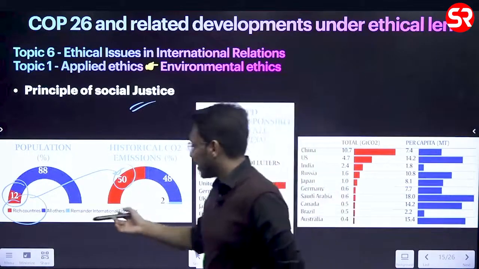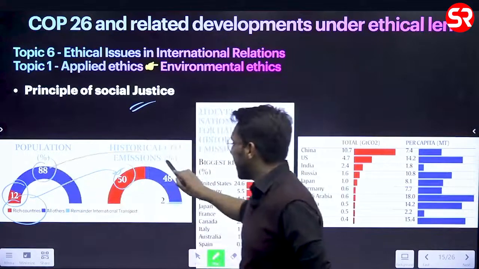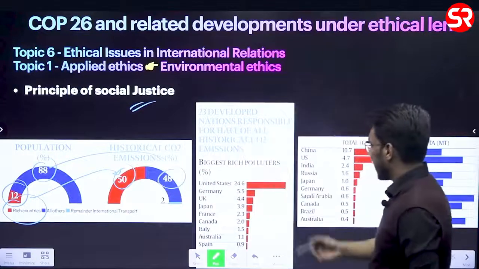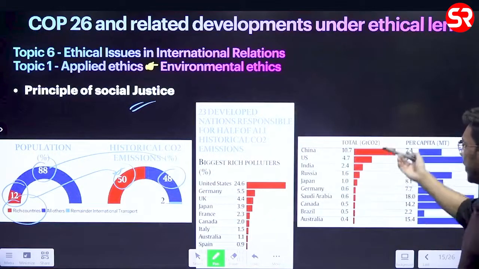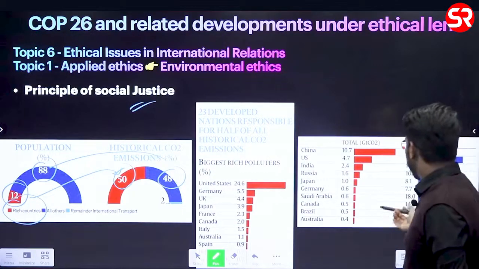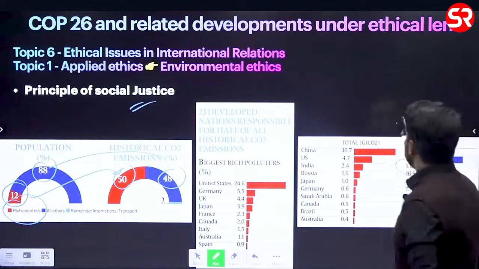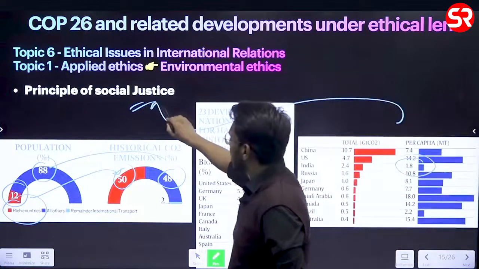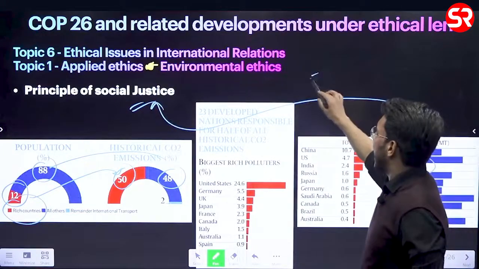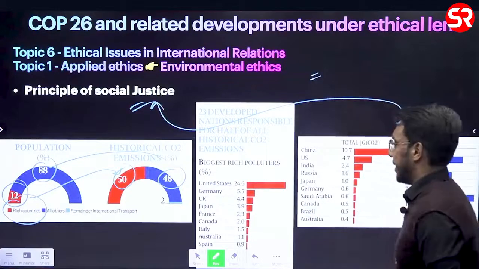Whereas the poor, basically the other countries, have 88% of the population, but their emissions are just 48%. It is an inequity. It was provided that if you see the per capita emission, India's per capita emission is one of the lowest in the world. So as per the principle of social justice also, it was said that India needs to be given its fair share. Therefore, any extra targets should not be taken by India.